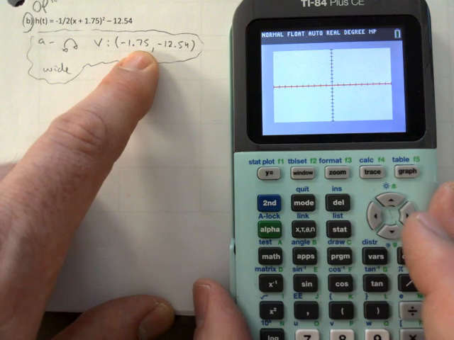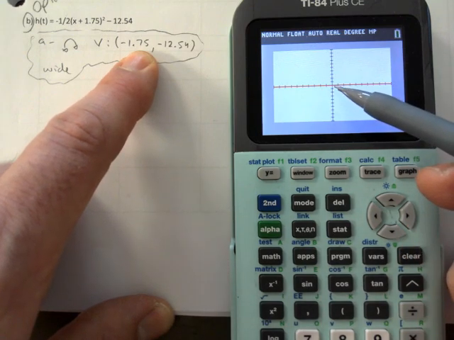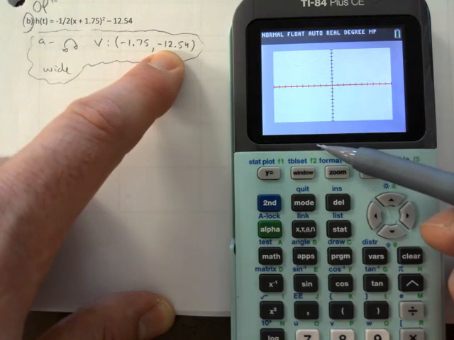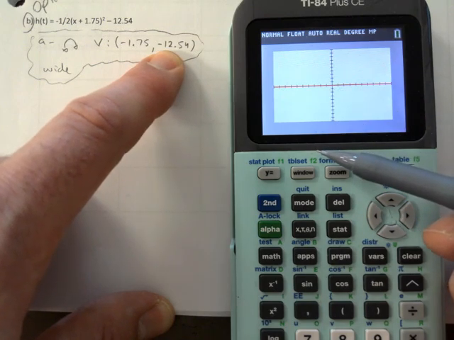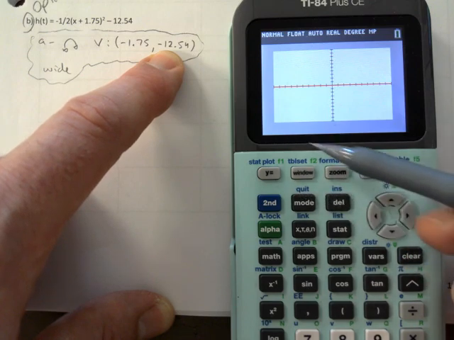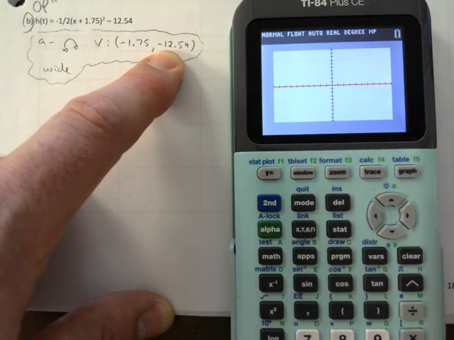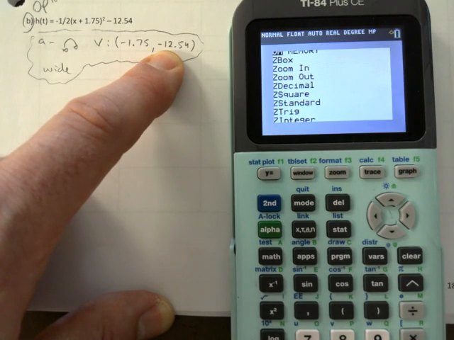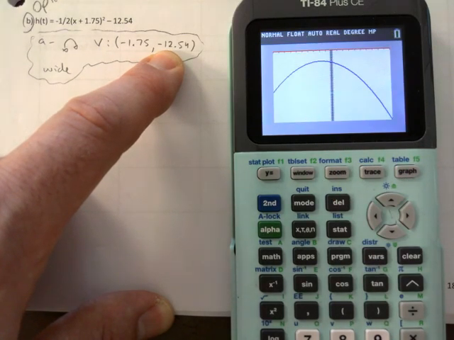So let's place this. The vertex, watch here, negative x, negative 12.54, somewhere in here. And now it's pointing downwards, so it's here, and I will never see it with this window. I don't know what you tried. Let's see if Zoom Fit helps me out here. Zoom Fit does a pretty good job.